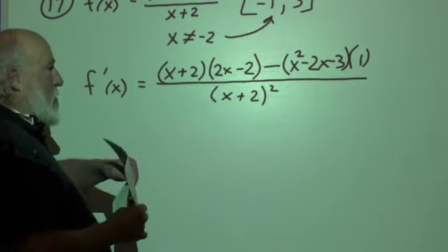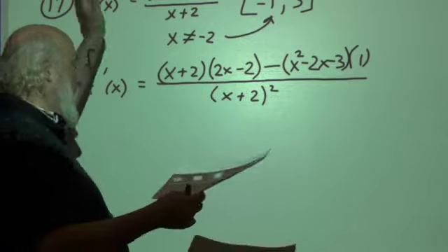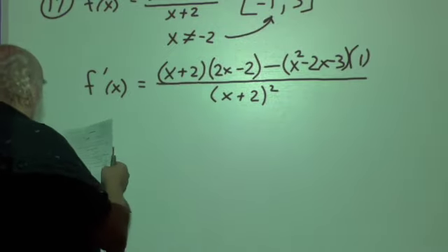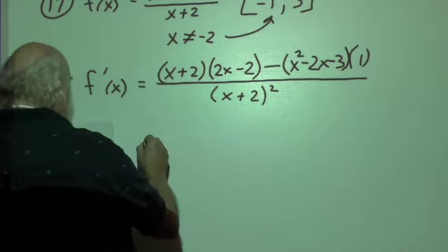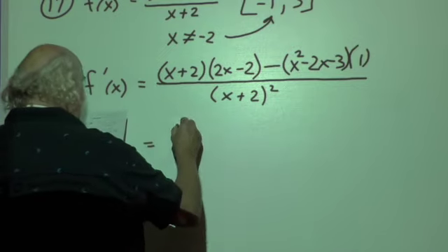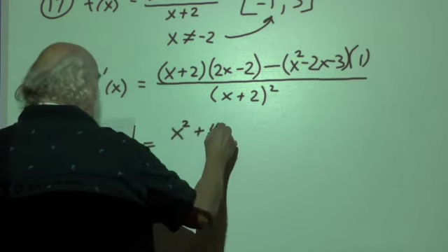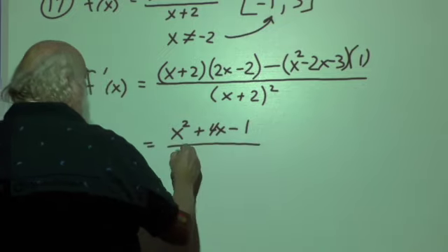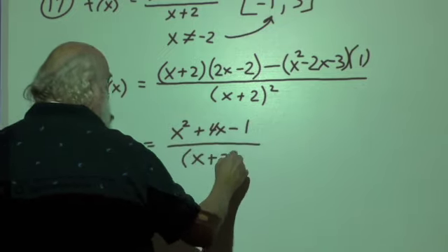Alright, so I'll save you the time going through multiplying and adding and subtracting and all that nonsense. But we end up with x squared plus 4x minus 1 over x plus 2 squared.